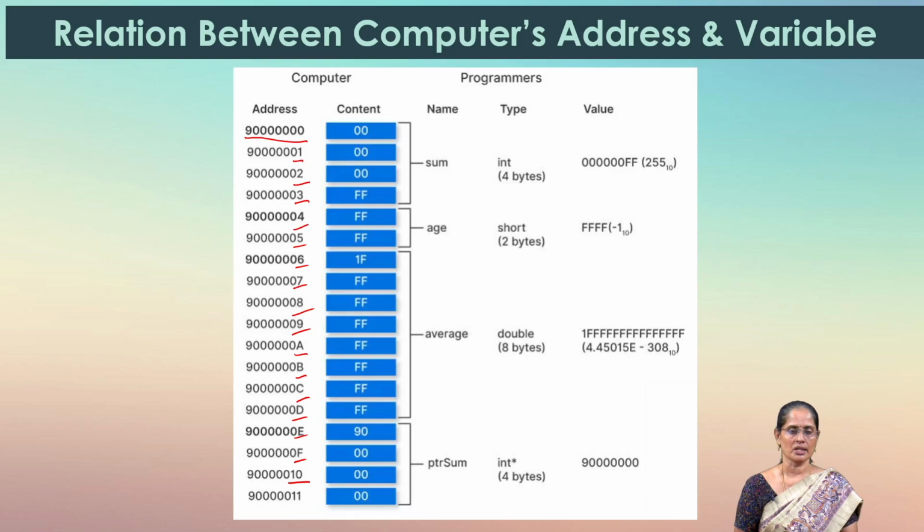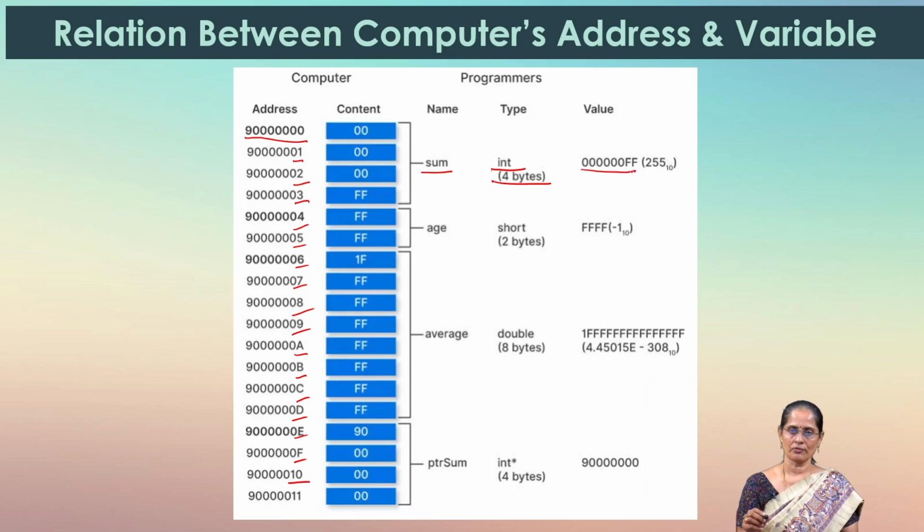Actually, according to this example, we are assuming that each location is represented using 1 byte. So, in this case, if we are declaring an integer type variable with the name sum, which occupies 4 bytes, the value which is stored in the particular 4 bytes will be of all zeros ending up with FF.